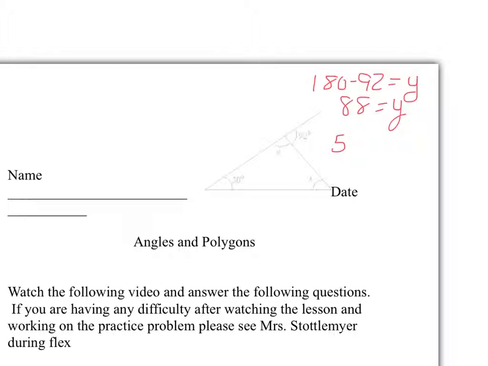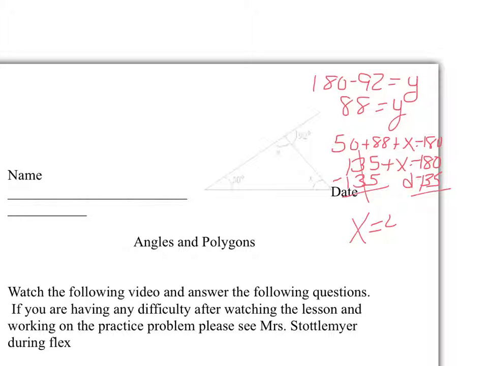And then 50 plus 88 plus x needs to equal 180. That's going to give me 138 plus x equaling 180. Subtract 138 from each side, and I get x equaling 42 degrees.